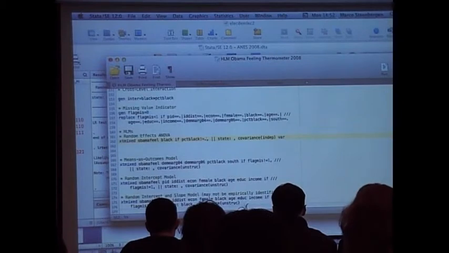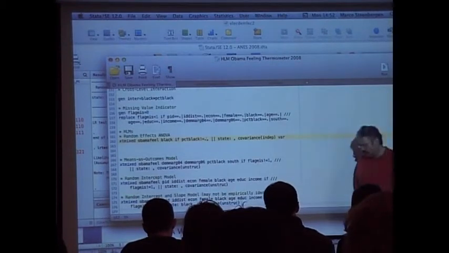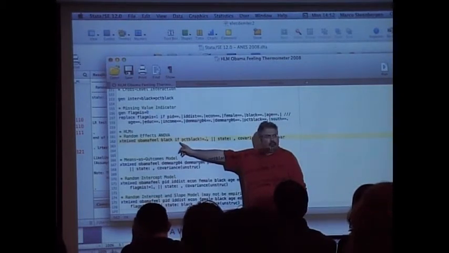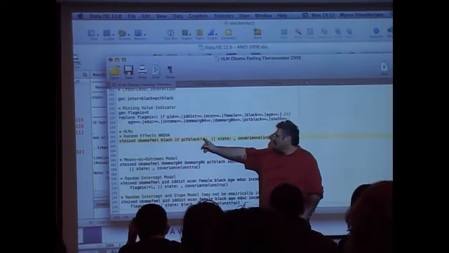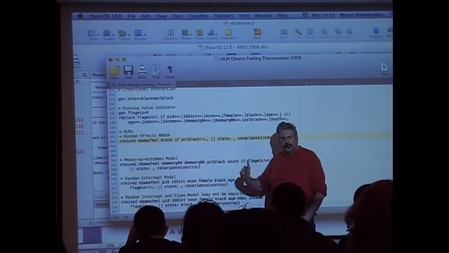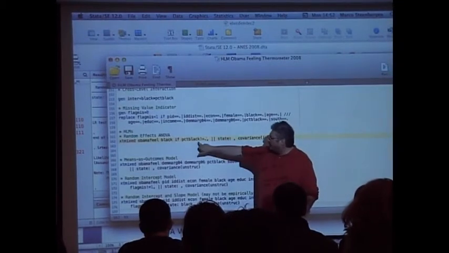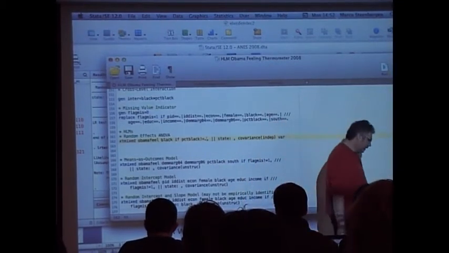And since I have missing data on percent black, what I'm doing here is making sure that the sample I use for this random intercept model is going to be the same as the sample I will use next once I introduce percent black as a predictor.